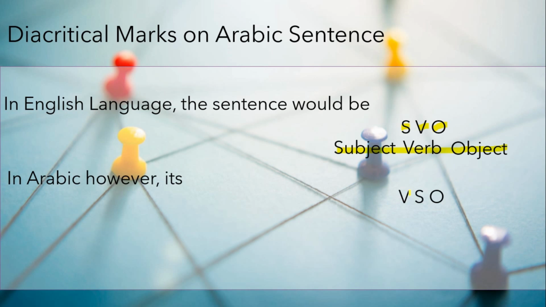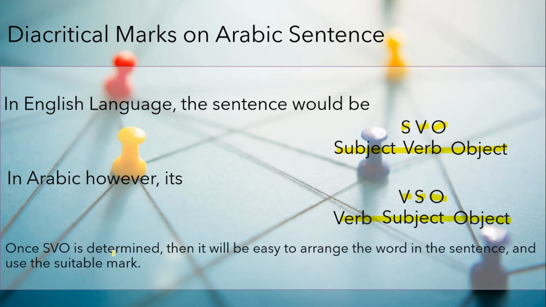This is the regular arrangement for the sentence. So here maybe you start to understand what's going on and how important the diacritical marks are. Or maybe you were asking yourself, what is the relation between the diacritical marks and these arrangements? Once the SVO is determined in the sentence, it will be much easier for us to arrange the words in sentences.